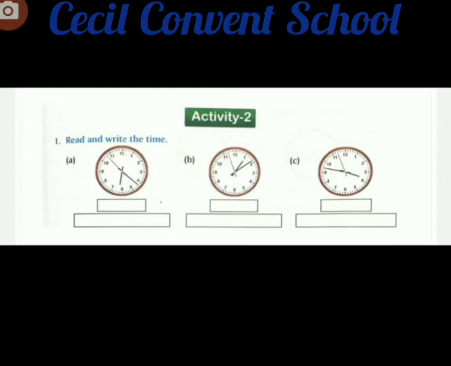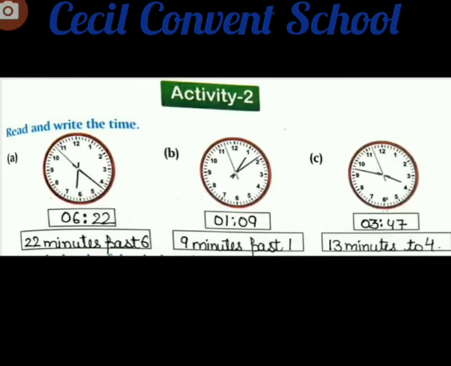If it is on 4, we consider 20, 21, 22, so it will be 22. Clear? We write it 6:22, and the second hand, if it is on 10, we consider it 50, 51, 52, 53. So it will be 6:22:53, in this manner.